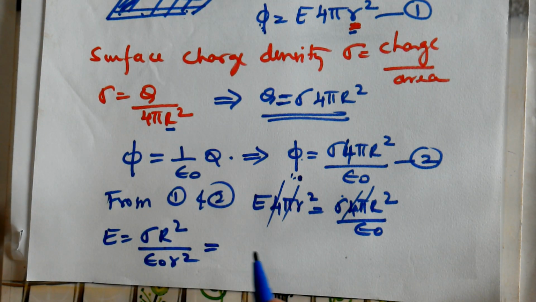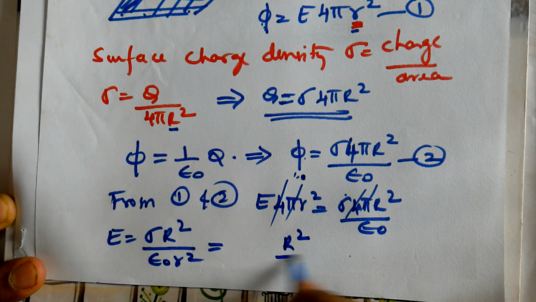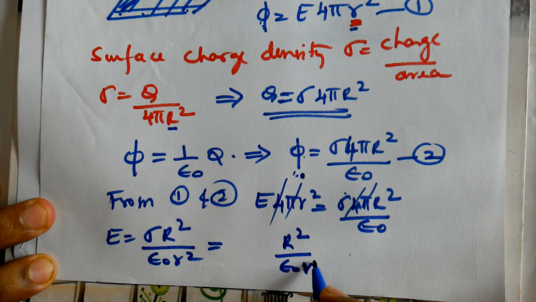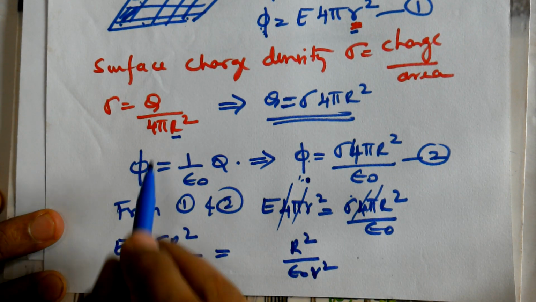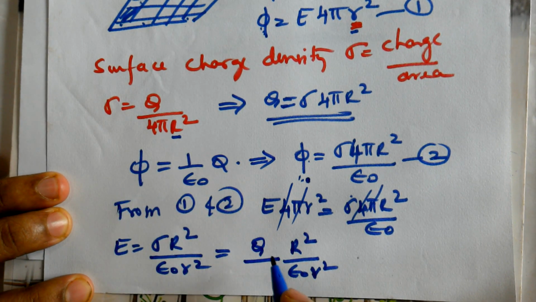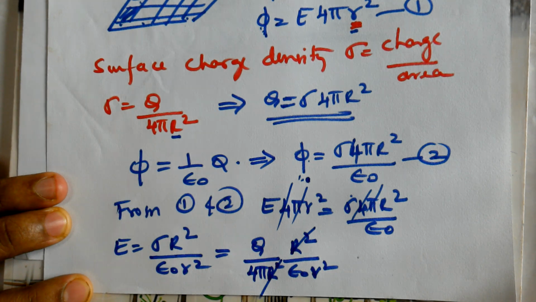The remaining terms I will write here: capital R squared, epsilon naught R squared. The remaining part is sigma, and sigma is Q divided by 4 pi capital R squared. Capital R squared gets cancelled.